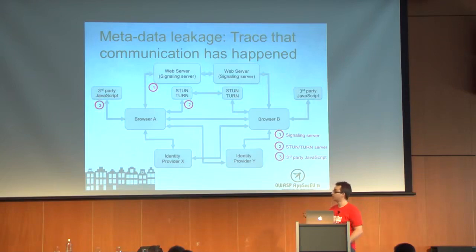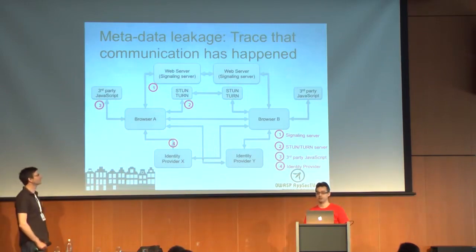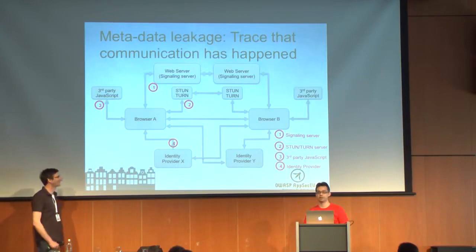So also there, be aware: the JavaScript running in your application has the same power as the signaling server. And fourth, in some cases you're using an identity provider to create the assertions and to verify. The identity provider knows pretty well that you have communication between the two parties. So it's peer-to-peer, but think about the NSA. They might have ways to know that you're communicating with the other party.